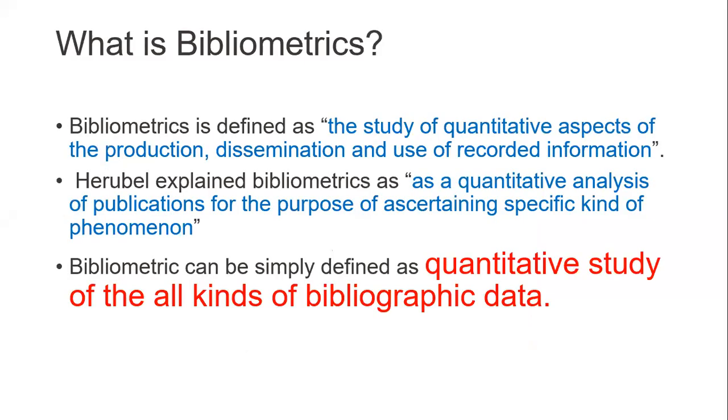Bibliometrics can be explained as the study of quantitative aspects of the production, dissemination, and use of recorded information, meaning that we make use of quantitative methods to analyze the numeric aspects of the published papers and how they're being used, for example, how many times a certain paper has been cited.